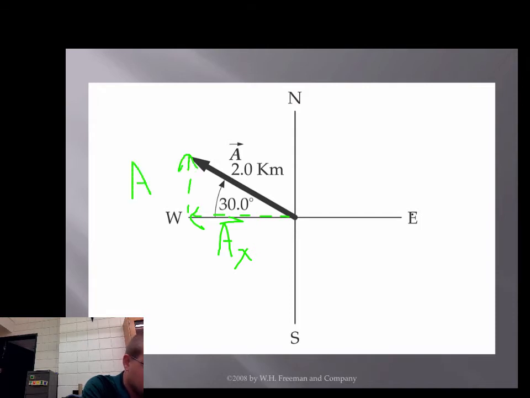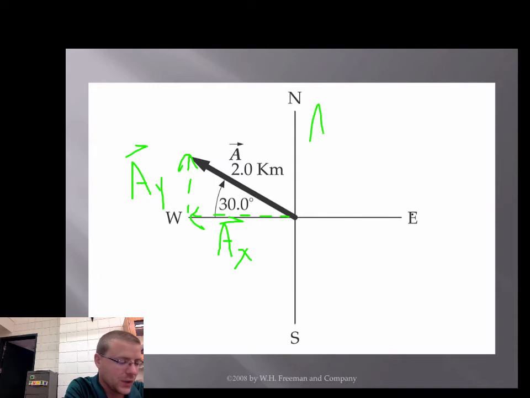That's my A sub y. If I wanted to solve for those, I know the angle, and I know the vector is 2 kilometers long, so for the AY component, I take the magnitude of A, and since AY is opposite, I'll just do sine of theta.